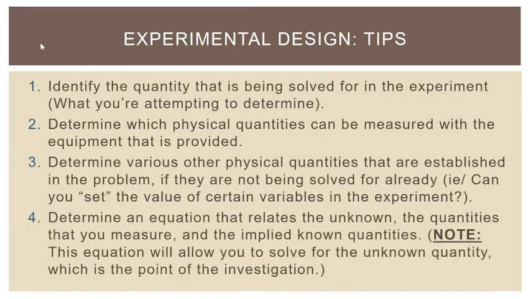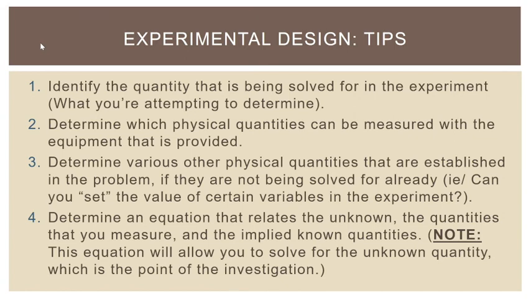And then the last part is to focus on the equation. You want to determine an equation that relates the unknown variable, the thing you're looking for, the quantities that you can measure, and the implied known quantities. And by implied known quantities, I mean that the initial velocity is 0, if that's the example we're using.